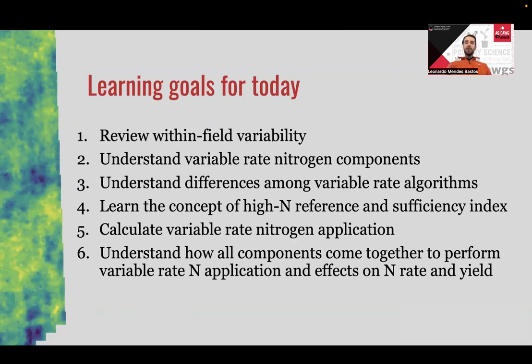Within that concept, we're going to learn about the high nitrogen reference and the sufficiency index, which are two different things that are part of those algorithms. We have to know what they are, what they do, and why they're important. Then we're going to calculate variable rate nitrogen application, and understand how all of these components come together in a variable rate application case study.